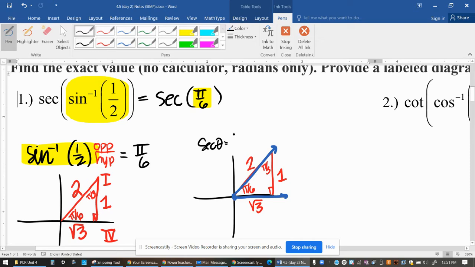So instead of adjacent over hypotenuse, I want hypotenuse over adjacent. From pi over 6, your reference angle, you want hypotenuse over adjacent. So that's 2 over root 3. Rationalize the denominator, and your final answer is going to be 2 root 3 over 3.